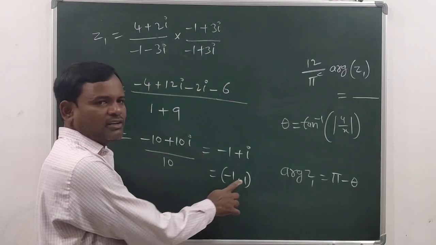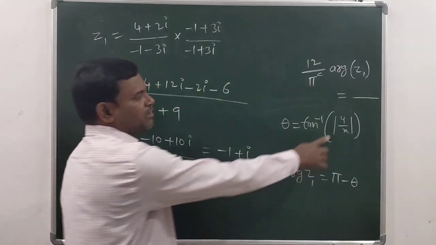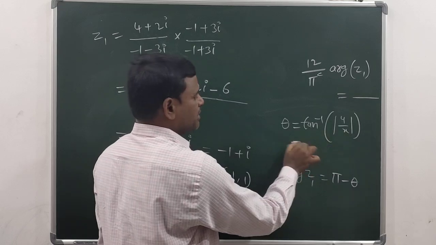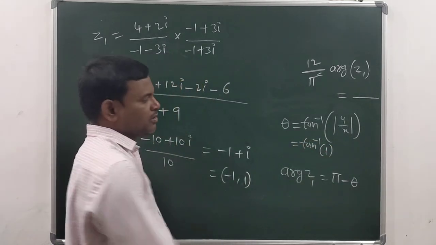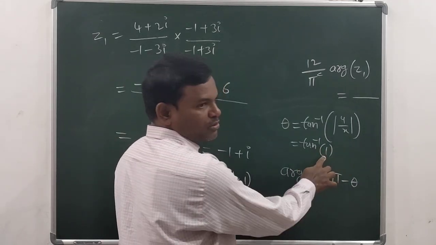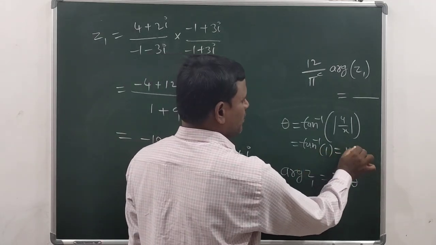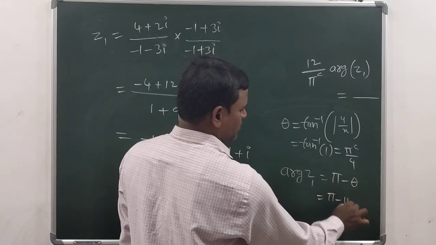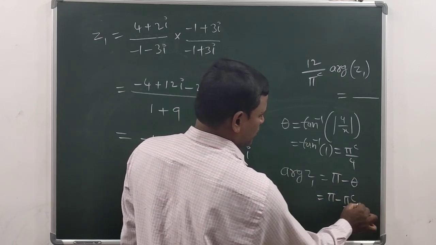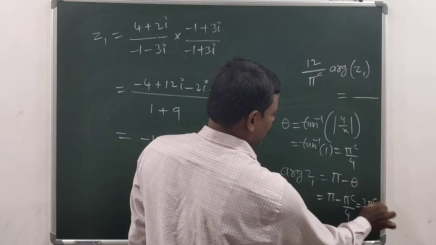Here y value is 1, x value is −1. 1 by −1, which becomes tan inverse of 1. If you put 1 equal to tan 45°, it is π/4 radians. Now π − π/4 is equal to 3π/4 radians.